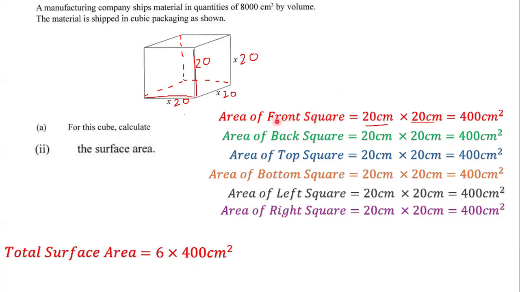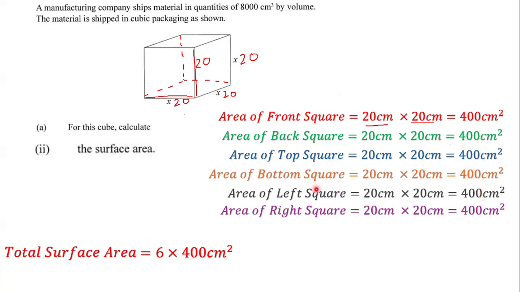All right. So we have the front square, the back square, the top square, the bottom square, the left square, and the right square. So that's why we have 6. Total surface area is 6 multiplied by 400, and the reason it's 400 centimeters squared is because each one of these is 400.